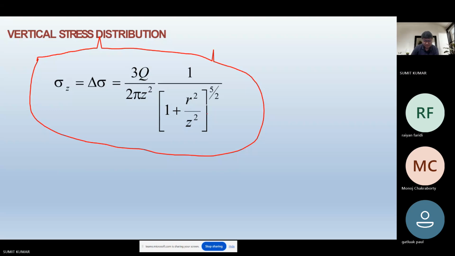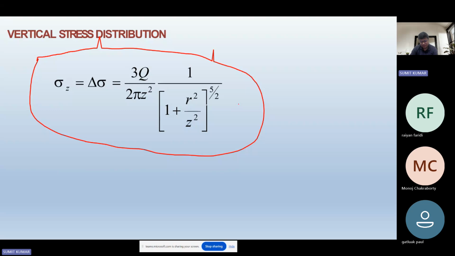So this equation is utilized in order to calculate the stress at any point below the ground surface. Okay, so this is the only equation which you need to remember and recall at any point of time.